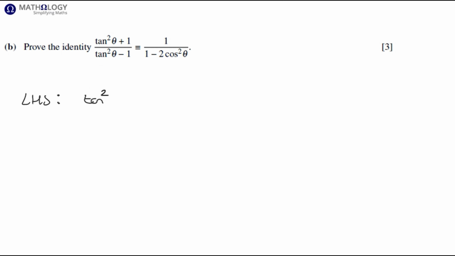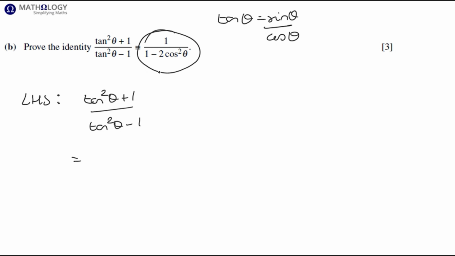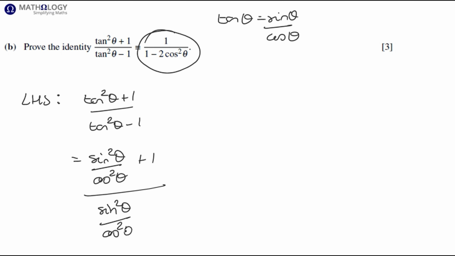So (tan squared theta plus 1) over (tan squared theta minus 1) equals, now we're going to change tan into the quotient identity sine over cos, because we've only got the trig ratio of cos on the right-hand side. So everything on the left-hand side will have to ultimately transform into cos theta. So we have (sine squared theta over cos squared theta plus 1) divided by (sine squared theta over cos squared theta minus 1).